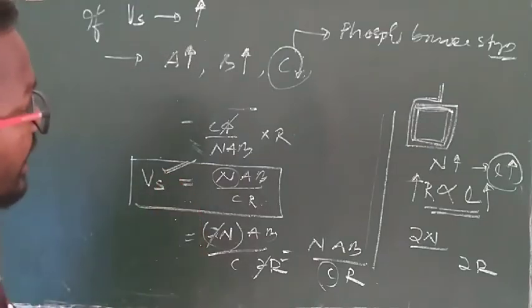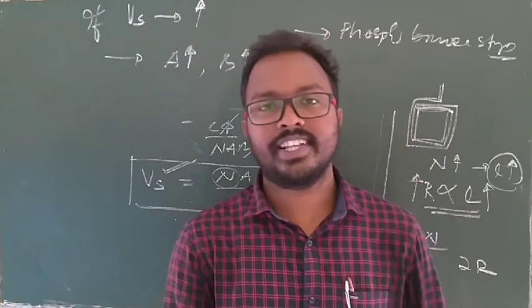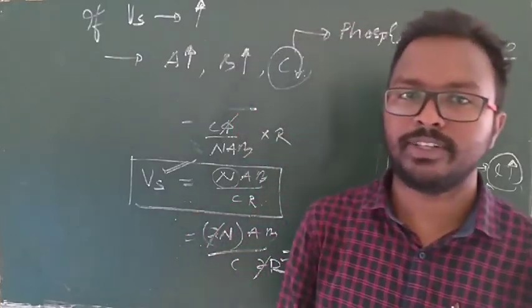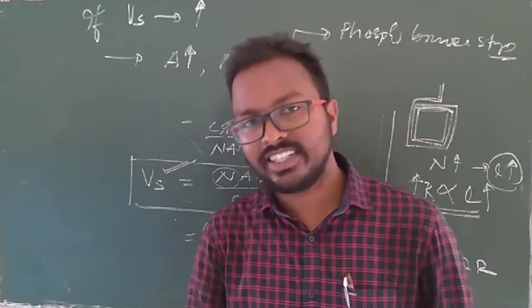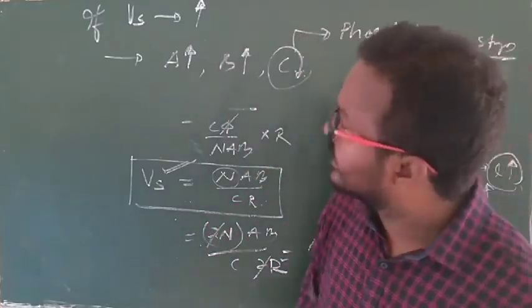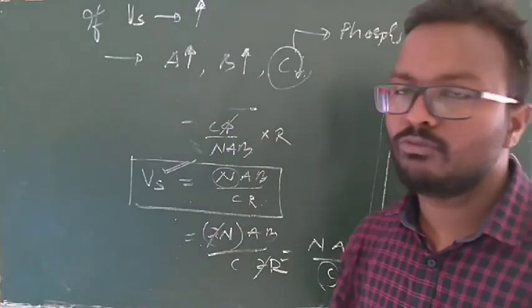So this is all about the moving coil galvanometer: what is the principle of the moving coil galvanometer, what is the working, what is the construction, what is the theory, and next, what is the sensitivity of the galvanometer. This is all about the moving coil galvanometer.